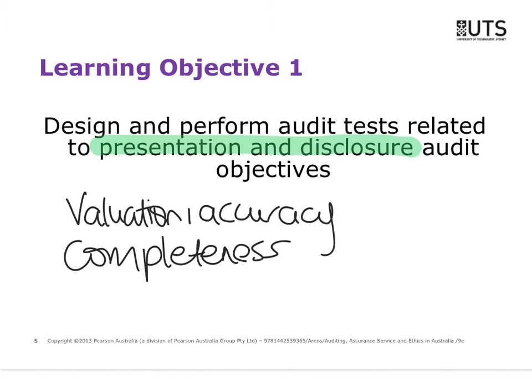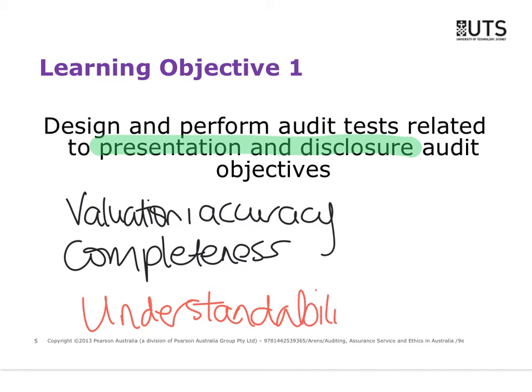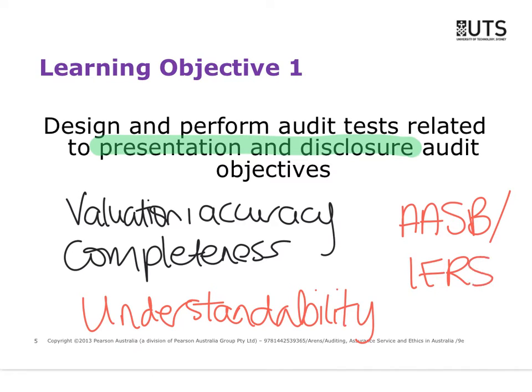But the things that are really different are the assertions related to understandability. And that really comes down to saying, are my disclosures in accordance with my AASB requirements or my IFRS requirements if I'm reporting overseas?